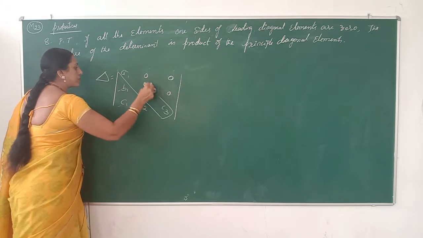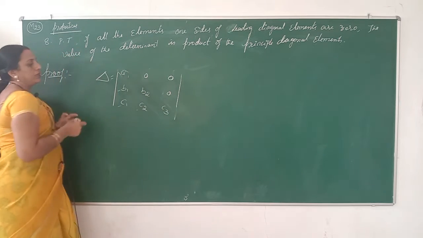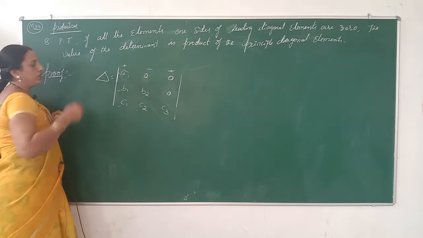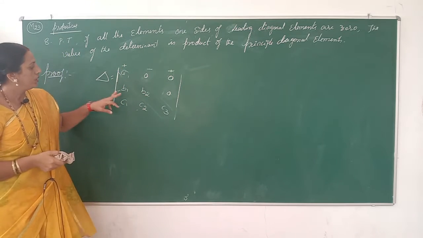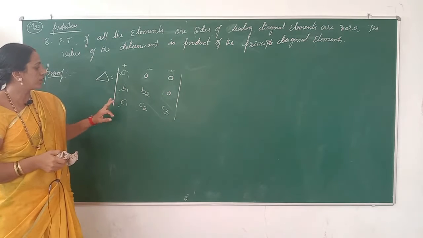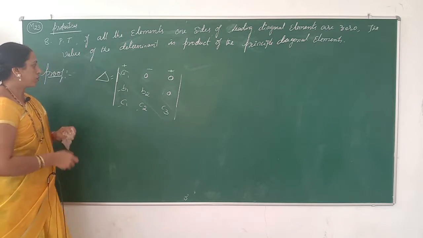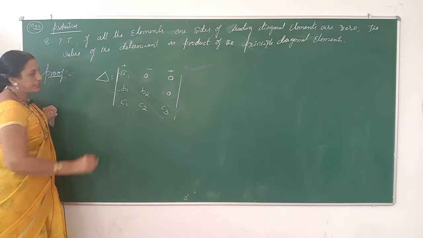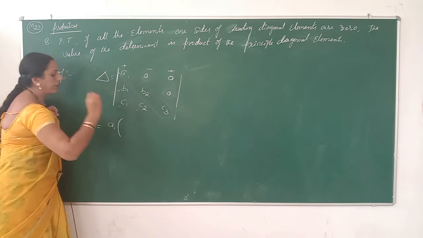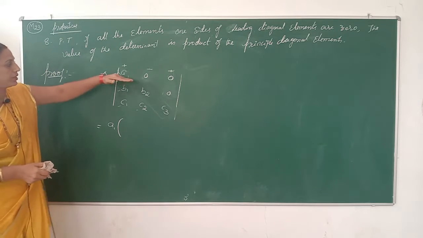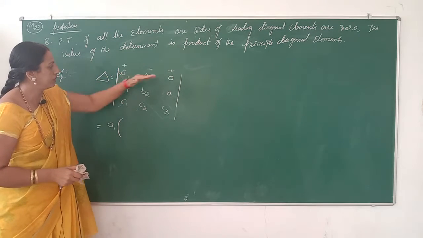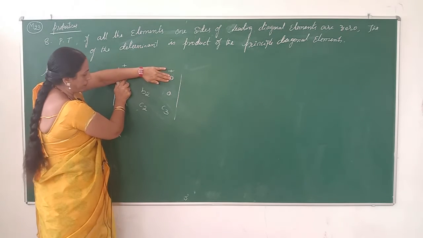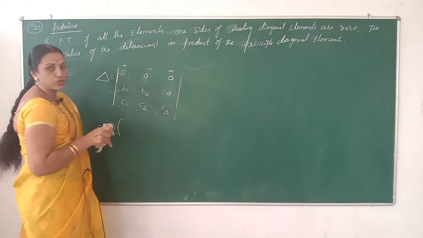So if it is expanded by using the alternating sign, in the first row the elements are a1, 0, 0, second row b1, b2, 0, third row c1, c2, c3. So by using the first row, expand with the alternating sign. Now a1 is an element of first row first column and these elements are neglected and the remaining are cross multiplied using the 2 cross 2 determinant.